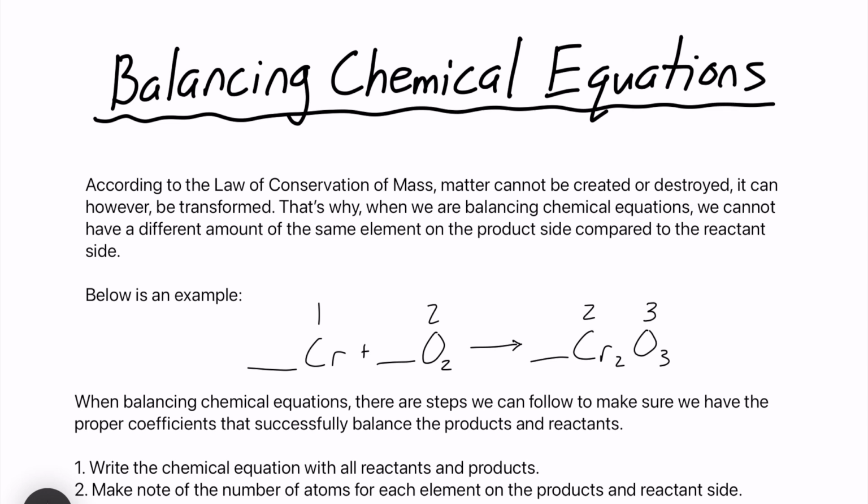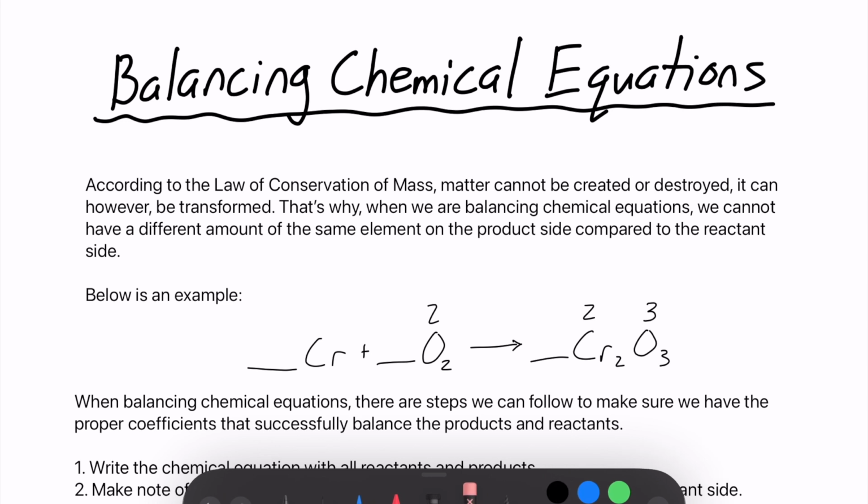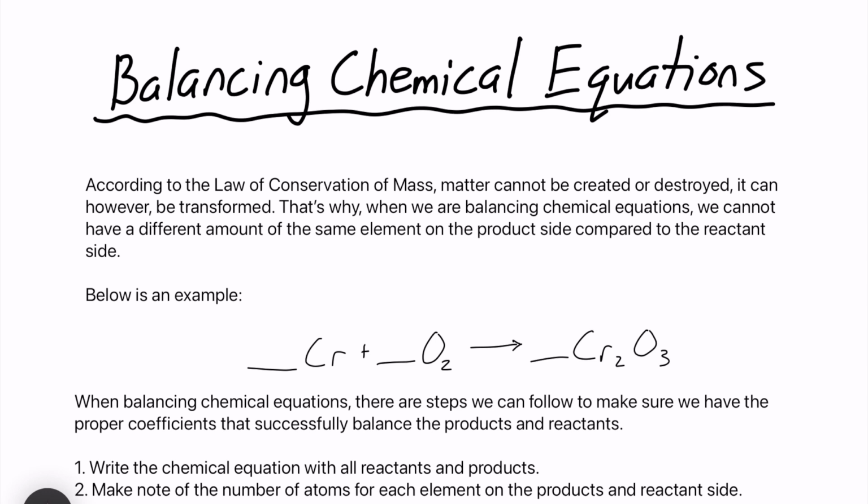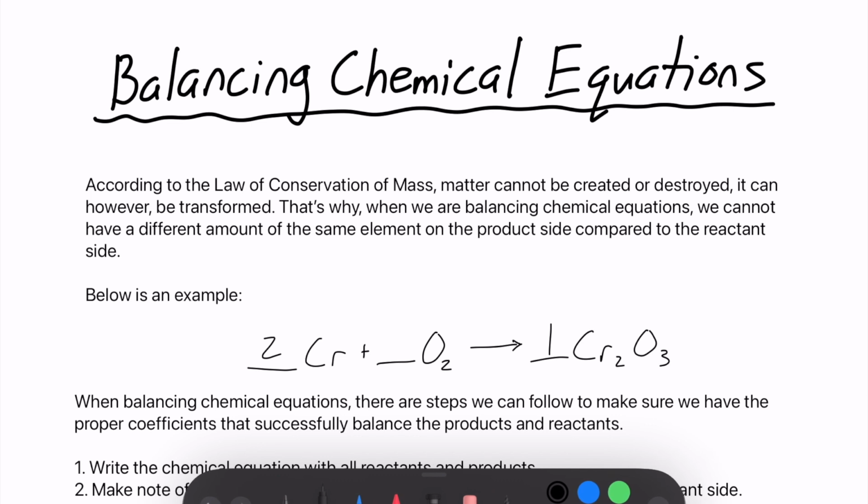Okay, so let's actually go ahead and do that, and then we can look at some steps to follow while we are balancing chemical equations. So we have two chromium atoms on the product side, which means we'll need at least two on the reactant side. And because of this one and three oxygen atoms, we'll need three on the reactant side, so that is impossible.